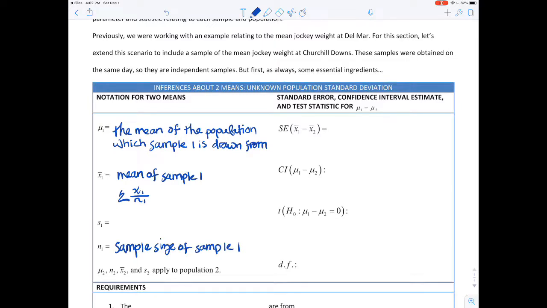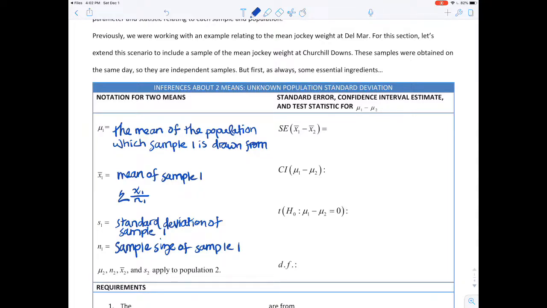And then s1 is the standard deviation of sample 1. And then, of course, mu2, n2, x bar 2, and s2 will all apply to population 2.